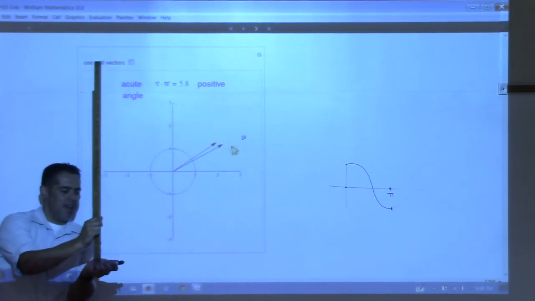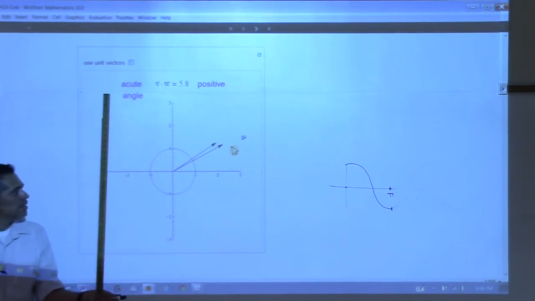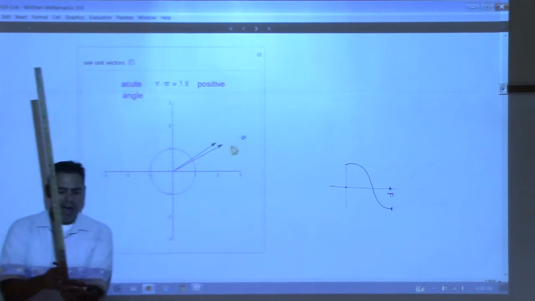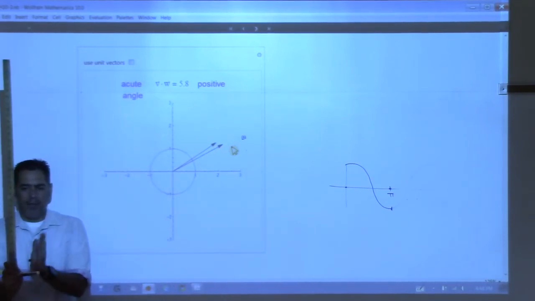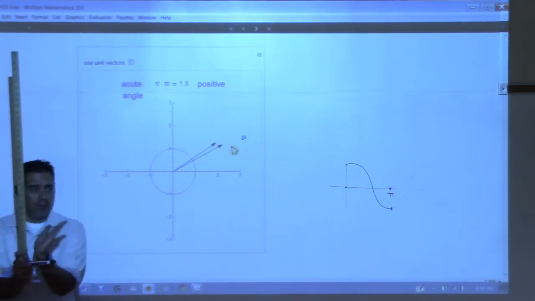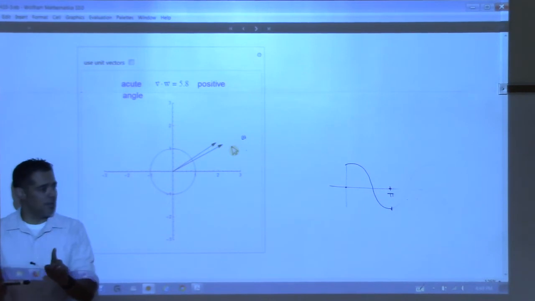But the big thing is this part. When the angle becomes 90 degrees, what's the cosine of 90 degrees? 0. See, that's here. And so I know that if the angle between two vectors is pi over 2, then the dot product will have to be 0.